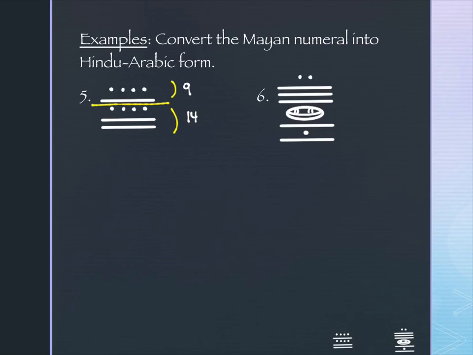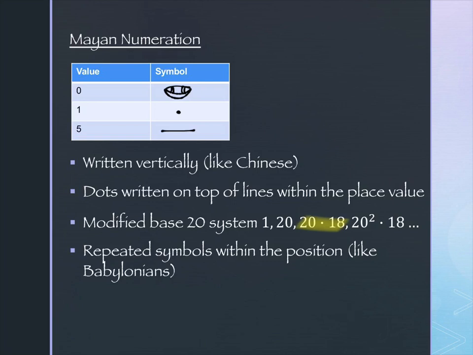This is not the number 914. The reason it isn't is because in this place value system, this is the 1's place, and then this is the 20's place. And if we move up from there, we have the 20 times 18's place, and then we have the 20 squared times 18's place. It goes in order of what's written over here. Okay?